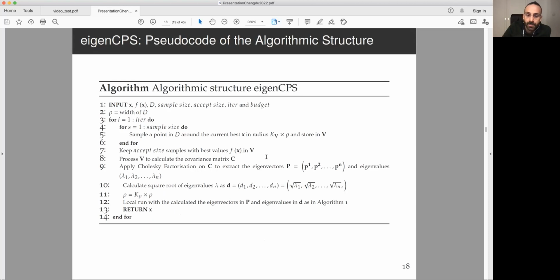Then we put them into this data structure V, and we calculate C, and then we extract the eigenvectors and the eigenvalues. Then we calculate this vector D, and then we pass it down to the local search.